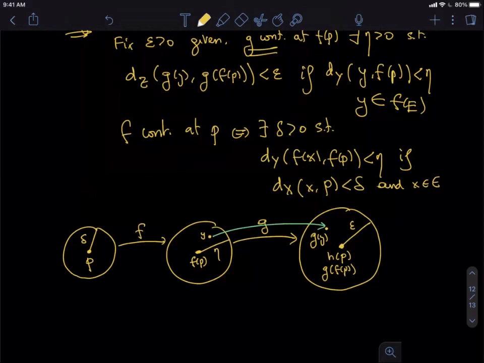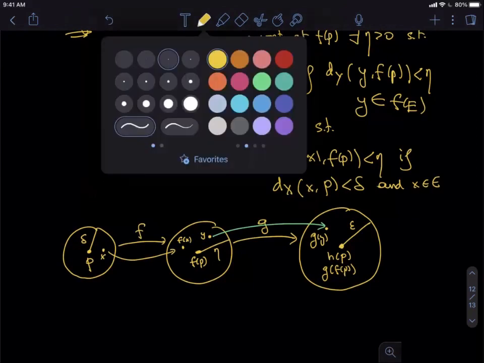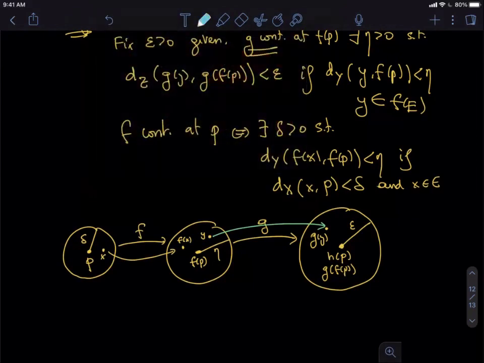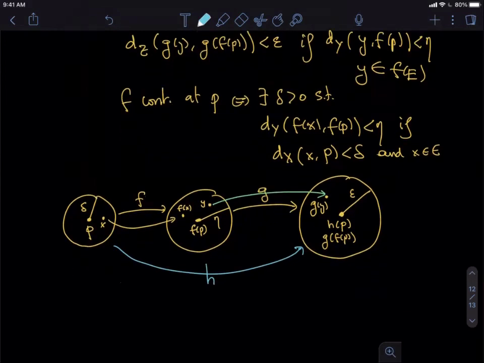Here we will have some point x that is going to be mapped to a point f of x that is going to be within eta of f of p. So this is what is happening. But then we can actually just cut the middleman.